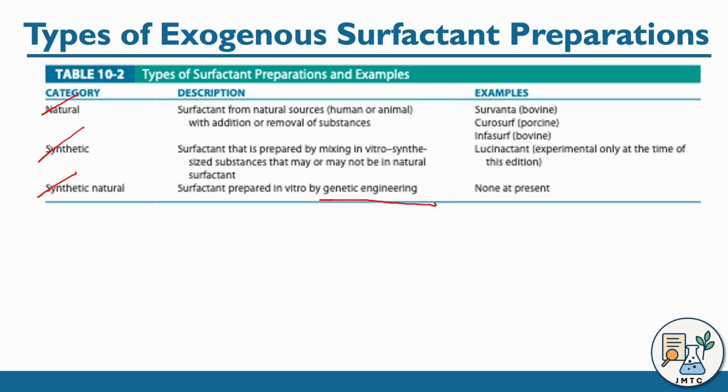This is the most important and most common type used clinically. Derived siya from animal lungs, usually a cow or pig. It contains phospholipids and surfactant proteins. Siya yung closest to natural human surfactant. It's important because it contains protein. And sabi natin kanina, those protein, kahit 10% lang yon, it helps to spread the surfactant.